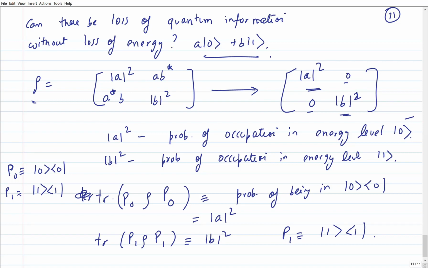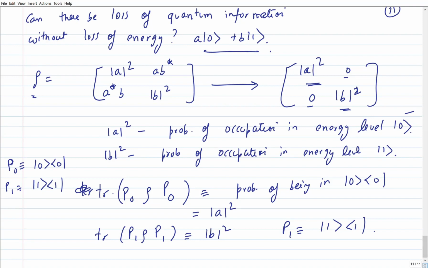So the bottom line is that regardless of what the off diagonal elements are, the probability of occupation in the ground state or the upper level, first excited state, doesn't change. So the expected energy of the system remains the same.